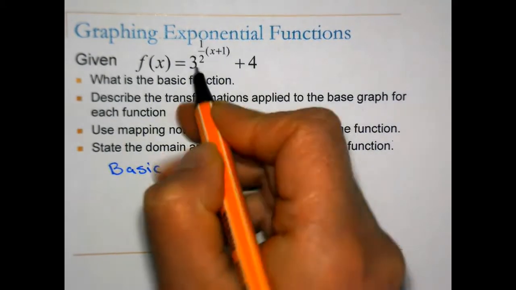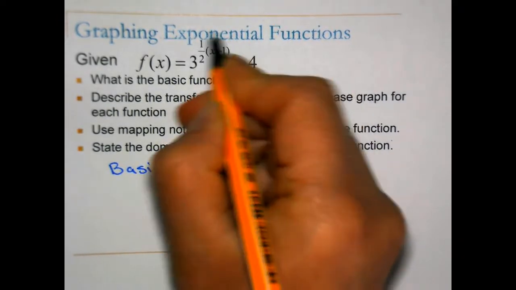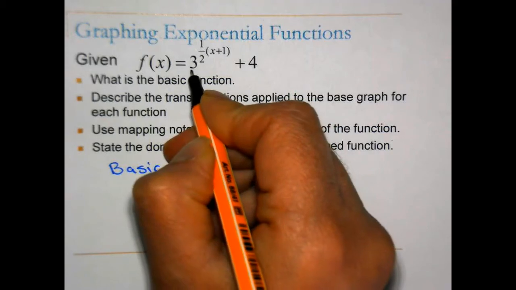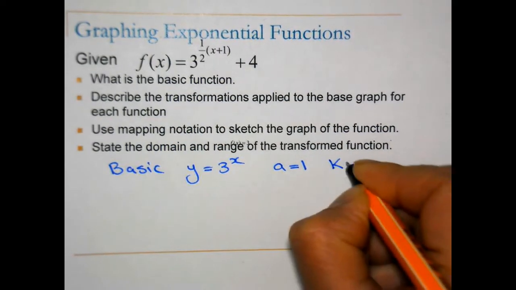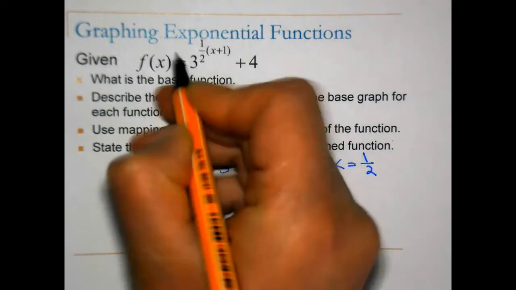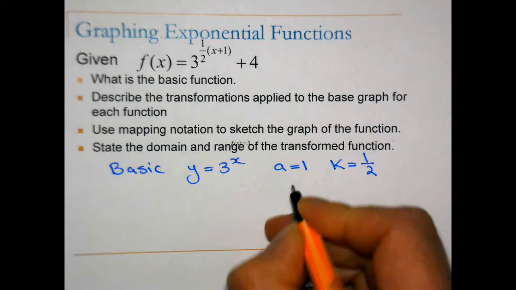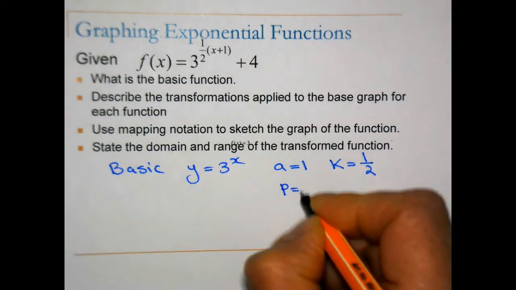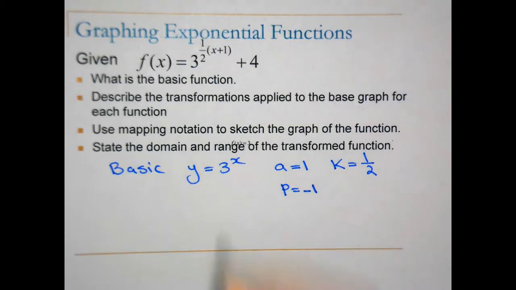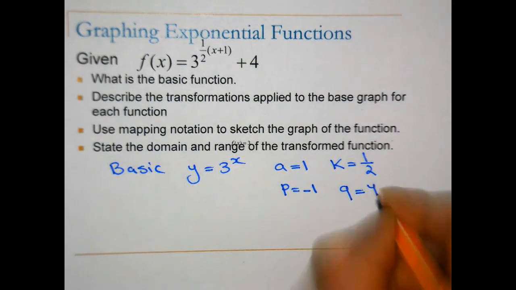And if you look at the values here, a is 1. There is no number which is multiplied by the basic function. Our k is 1/2, which is here. The p value comes from here. We said it's always the opposite of this, so p is -1. And this is our q value, which is 4.